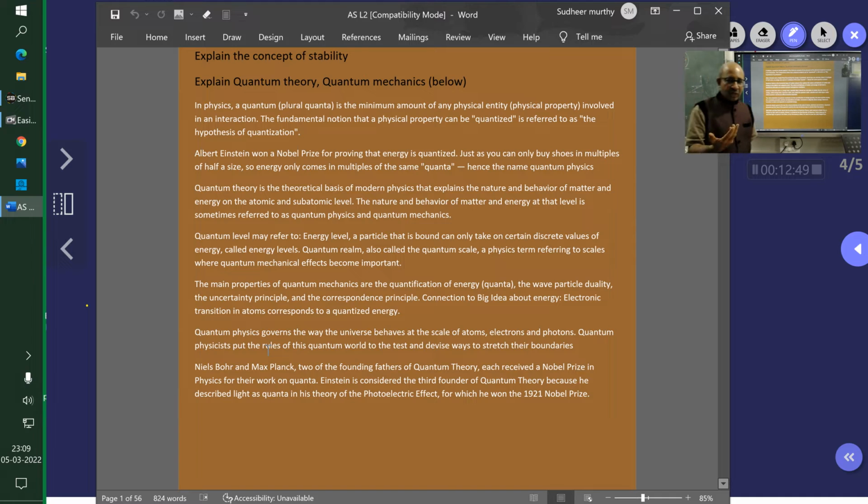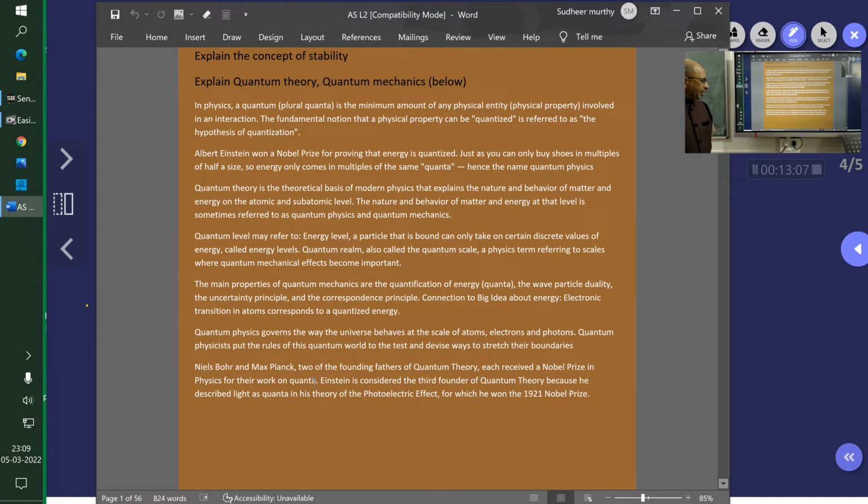Right now, for our explanation of the solar system or the universe, we make use of Newtonian mechanics and of course other things like Einstein's special theory of relativity, etc.